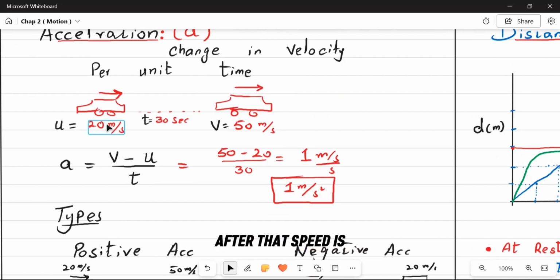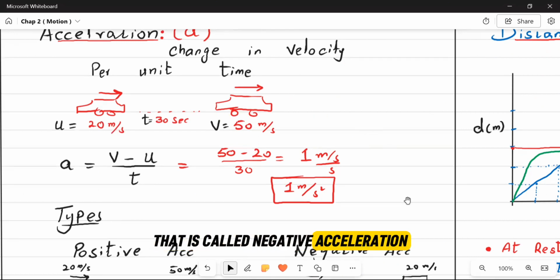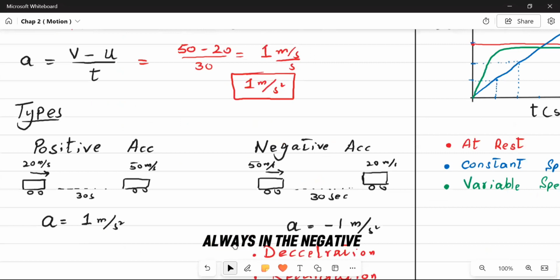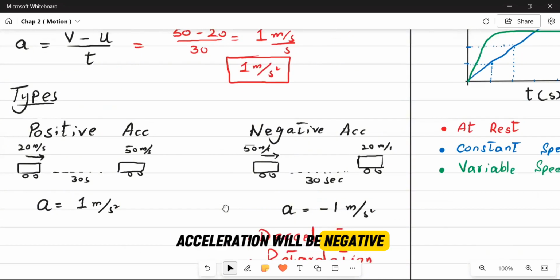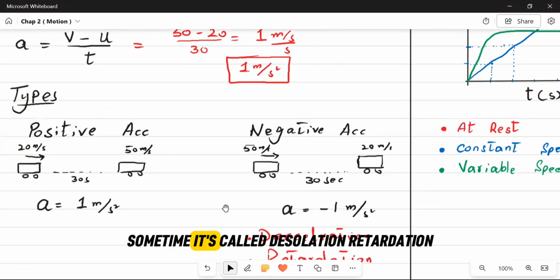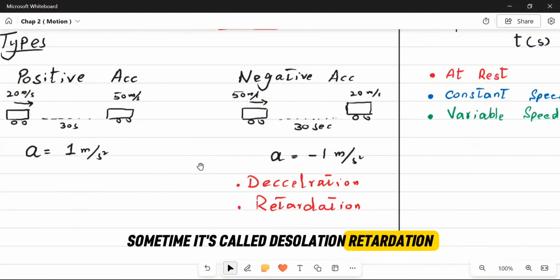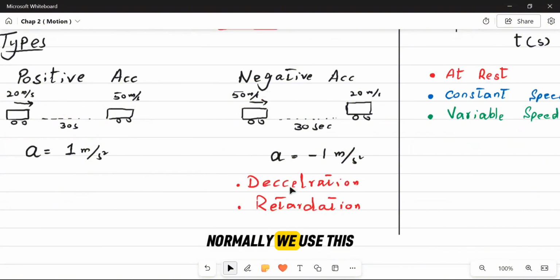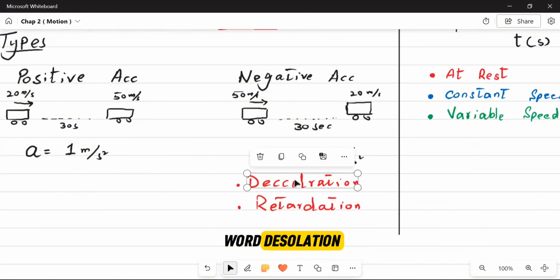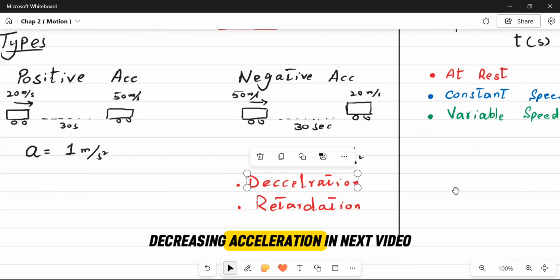After that, speed is decreased to 20 meter per second. So speed is decreased. That is called negative acceleration. Sometimes it is called deceleration or retardation. Normally, we use this word deceleration. Deceleration means decreasing velocity.